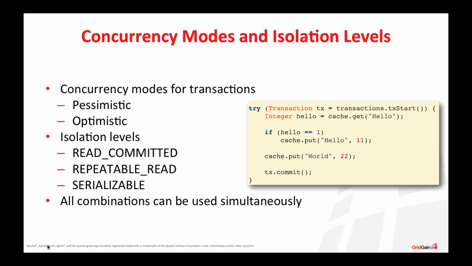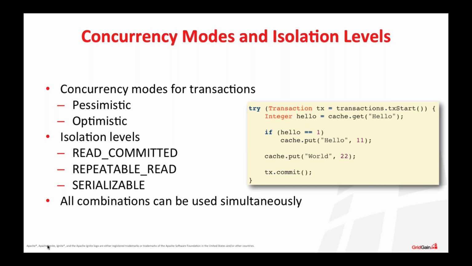And serializable is important as well, because we want to ensure that if we've got multiple operations, they are interleaved in some way, that it's as though we were able to do these one after another. So we need to ensure that updates are not lost, that the correct operations are applied, and again, our system is consistent from one state to another.